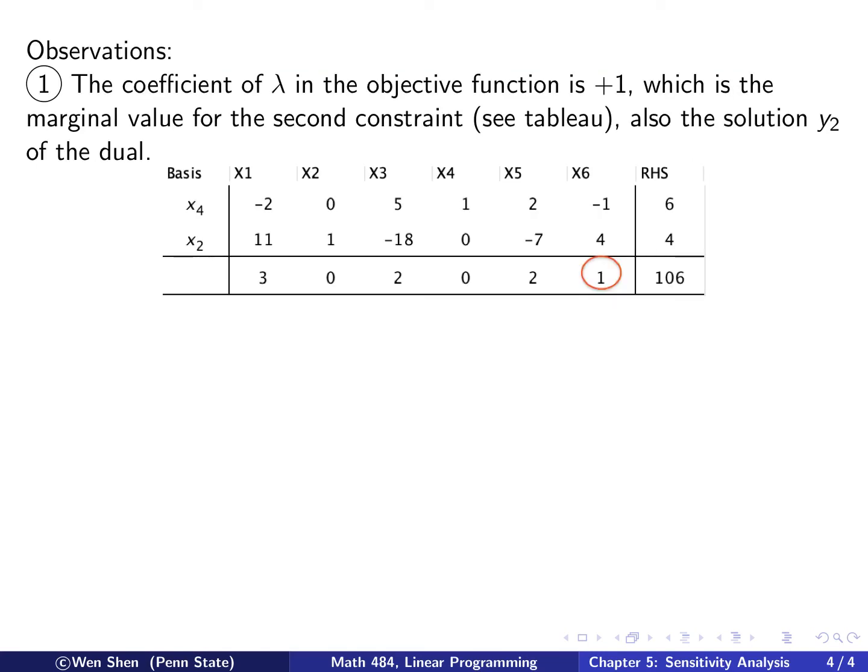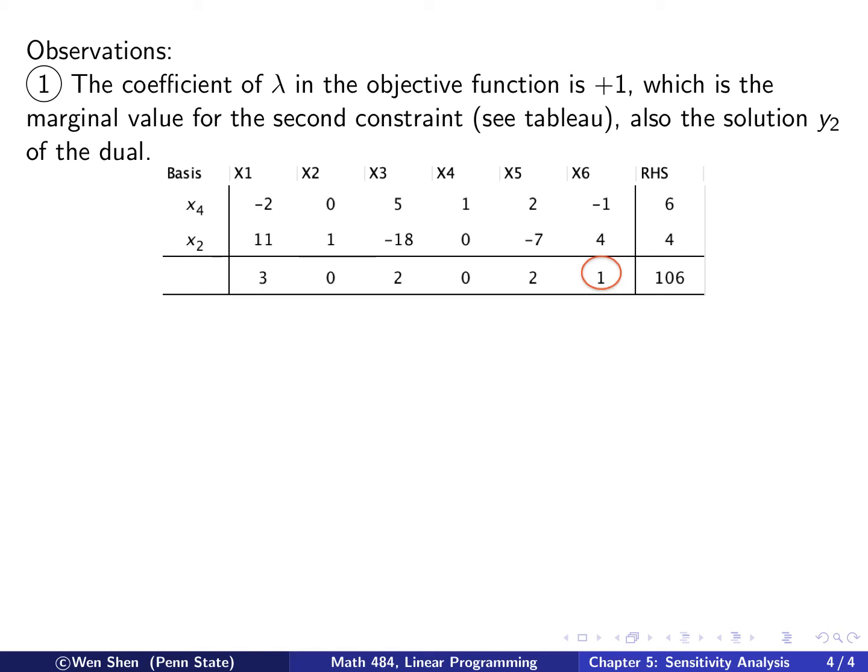Okay, some observations before we end. First one, recall that the coefficient of lambda in the objective function is positive 1. Where does that come from? Recall the concept we called the shadow price. We notice that this is also the marginal value for the second constraint.